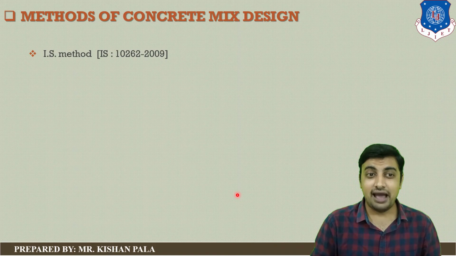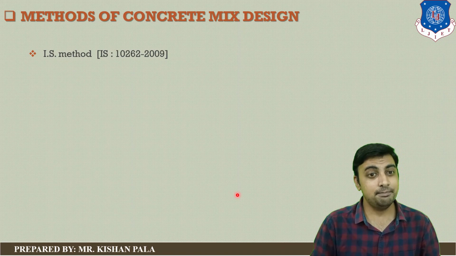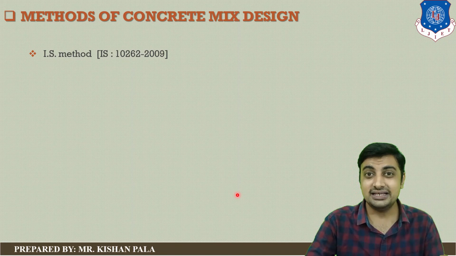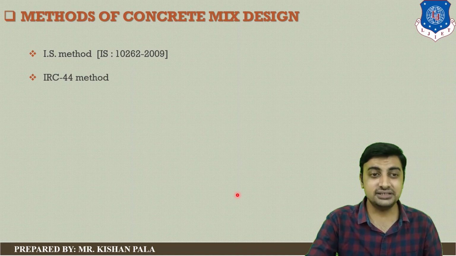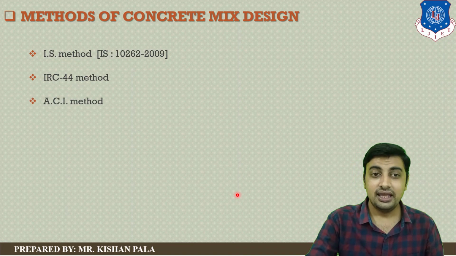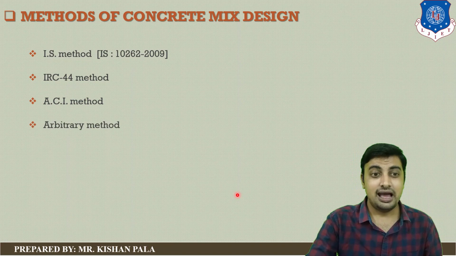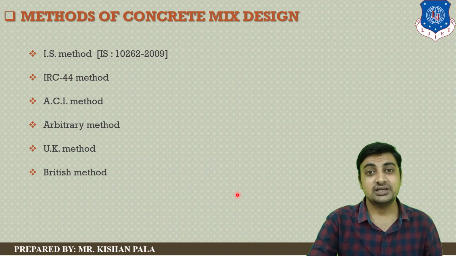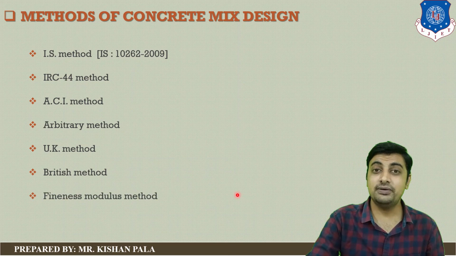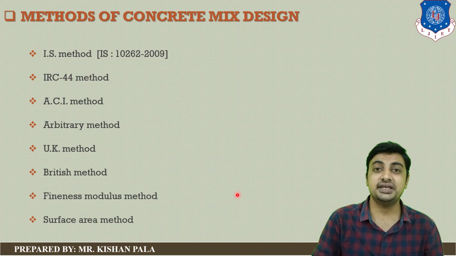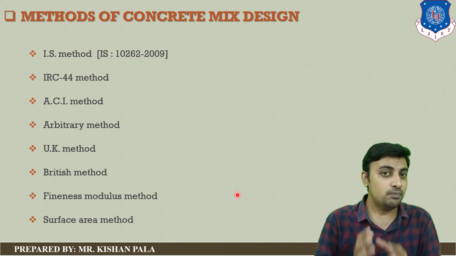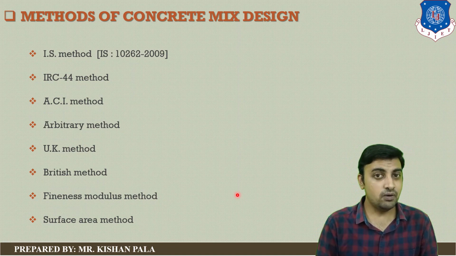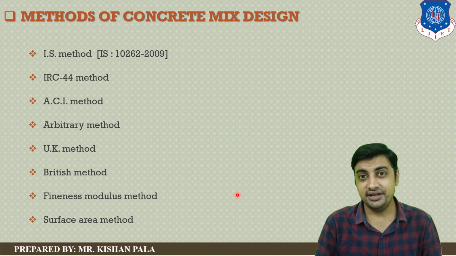First of all, the IS method, Indian Standard Method, and we will use IS 10262:2009, IRC 44 method, ACI method, arbitrary method, UK method, British method, fineness modulus method, and surface area method. You can choose any one for the particular concrete mix design.